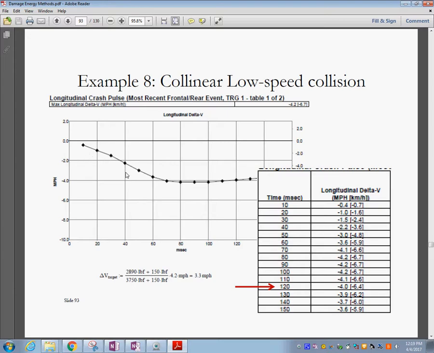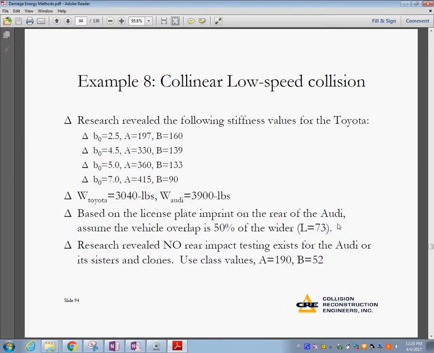But do you see how it occurs at 4 miles an hour? Again, delta V is there. It says longitudinal delta V is in the direction that the collision occurred. Right?